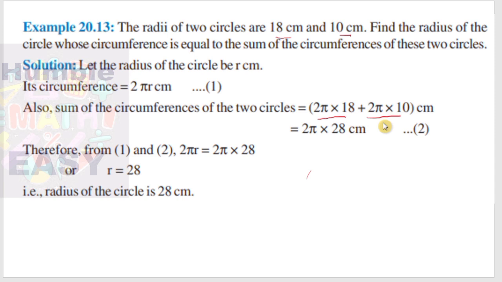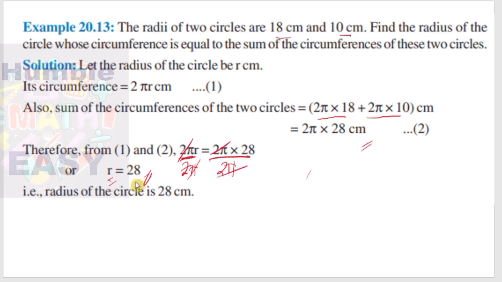Then we now have 2 pi times 28 centimeters as the sum of the circumferences. Since the formula for the perimeter of a circle is 2 pi r, if we divide both sides by 2 pi, we cancel it and remain with r, so the r is equal to 28.